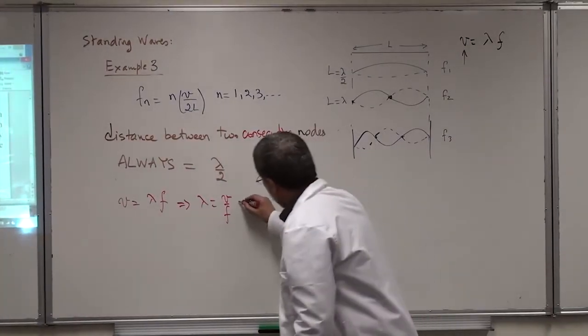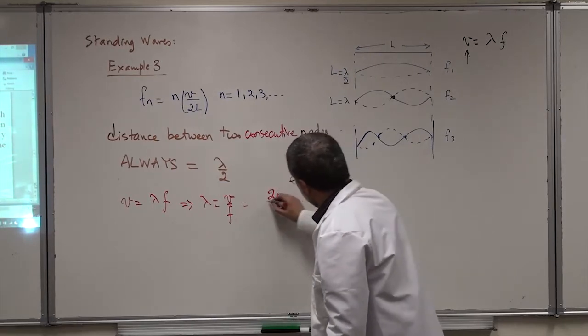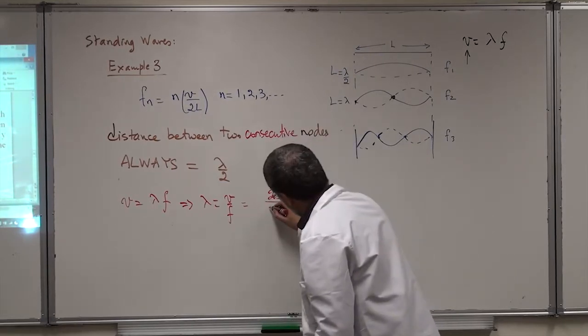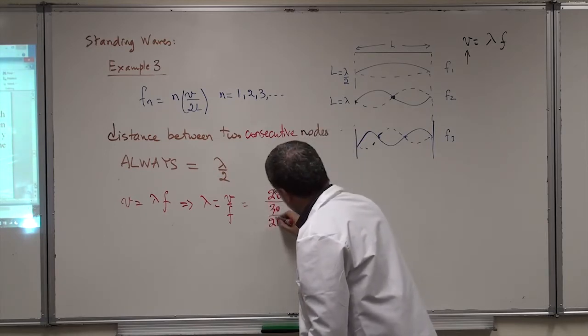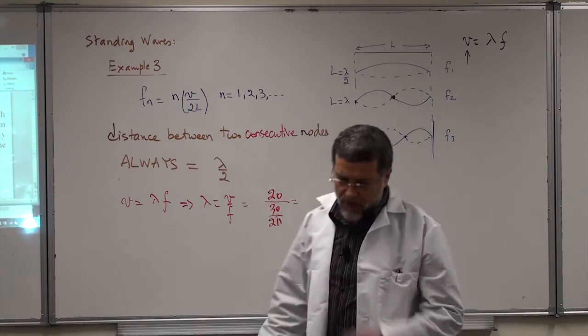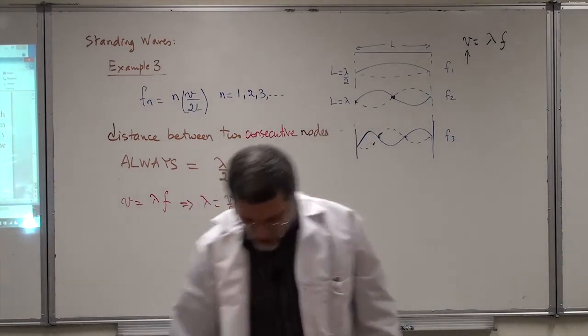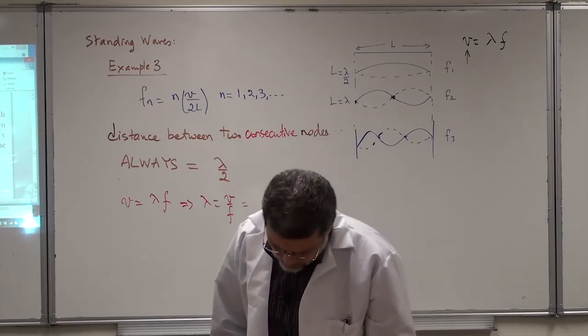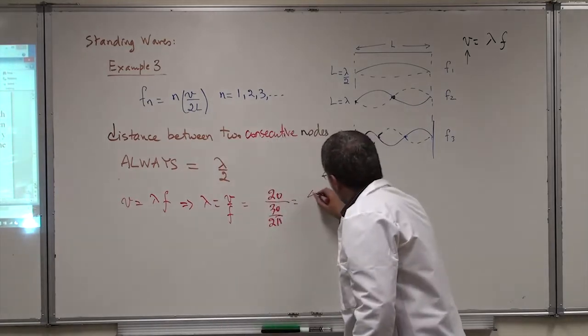So here, 20 meters per second, divided by the frequency, which is omega over 2 pi, 30 over 2 pi. So you get the wavelength in this problem. The wavelength will be 4.2 meters.